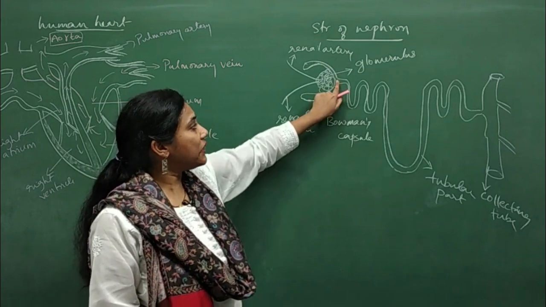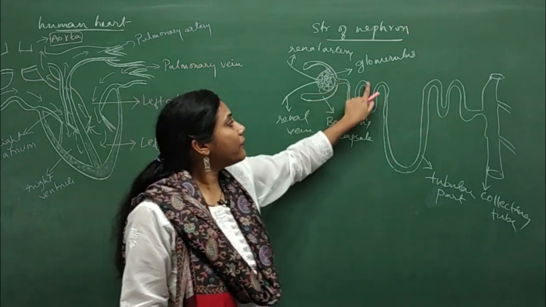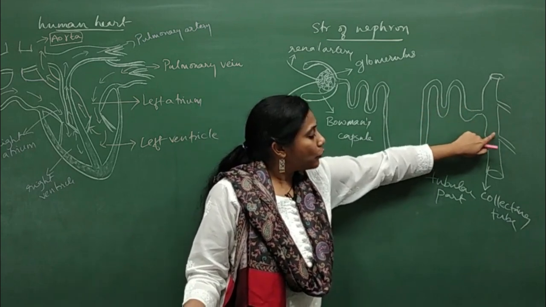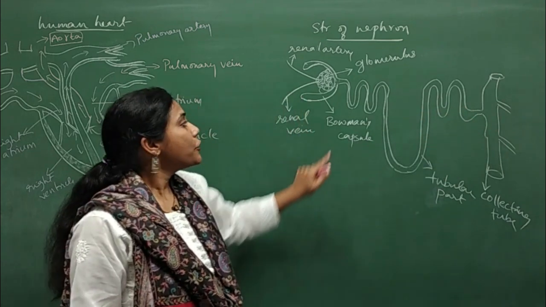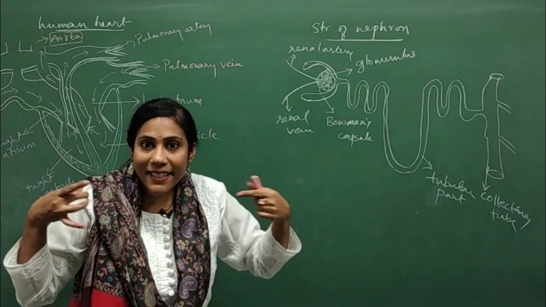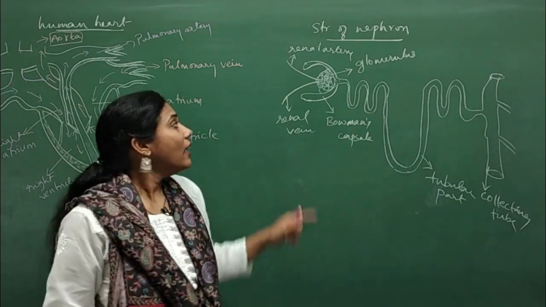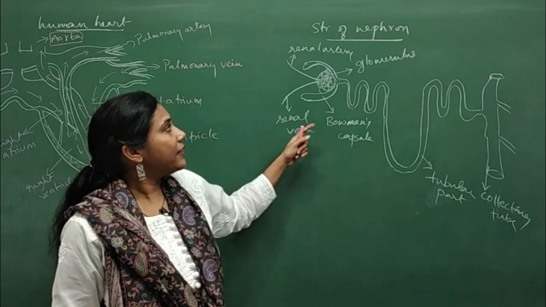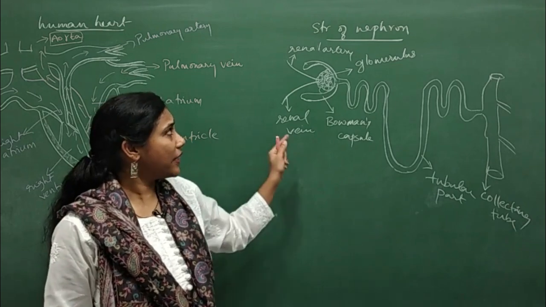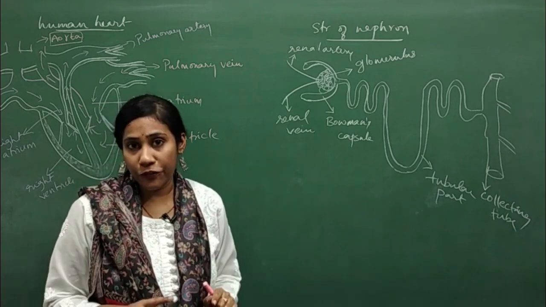So urine is collected in the Bowman's capsule, and later it moves towards the tubular part, and through the tubular part it goes to the collecting tube. In the tubular part, whatever amino acids and glucose are present are reabsorbed. Clear? So these are the functions of the different parts that you have to concentrate on for nephron.